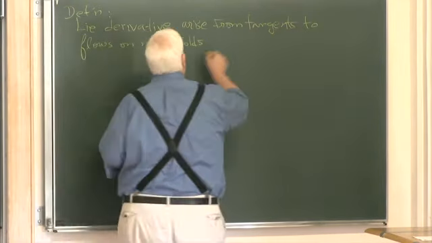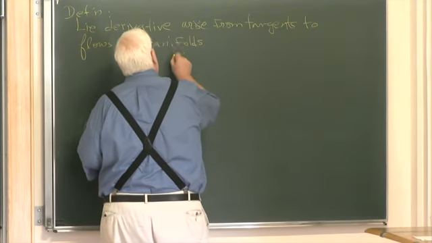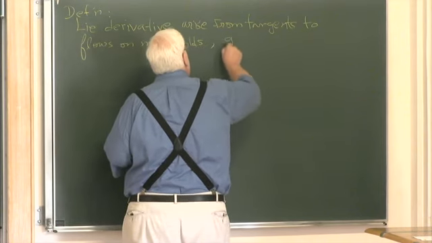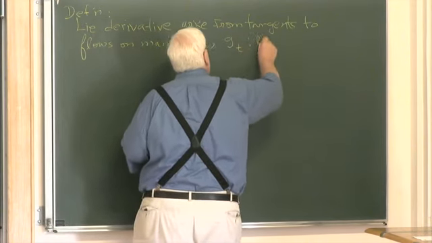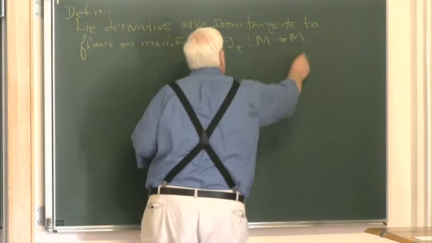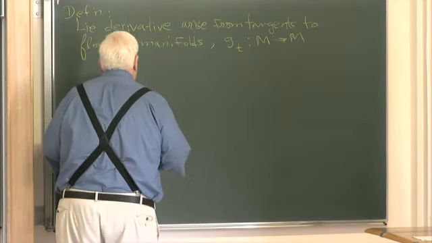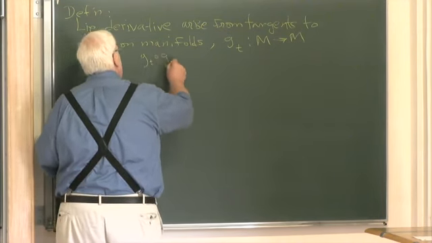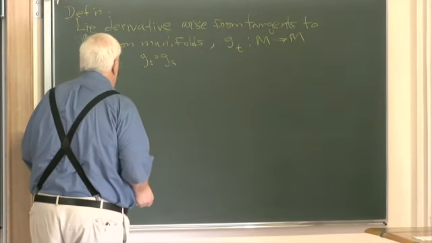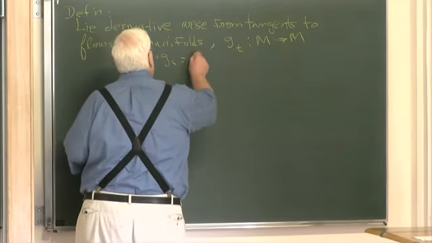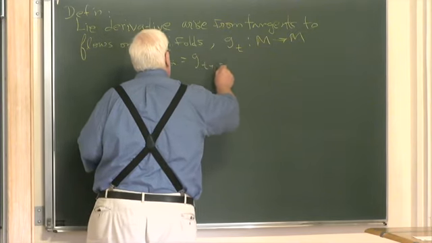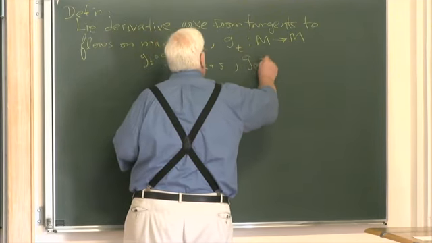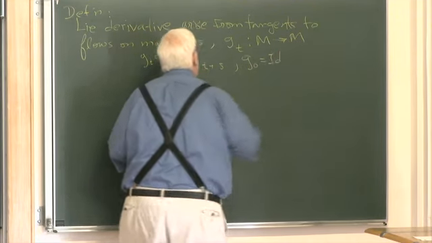So here's an example of a flow in a manifold. So let G sub t take the manifold M into itself. Okay, and let G sub t compose with G sub s. Here's the definition of a flow. Equal G sub t plus s and G at 0 is the identity.